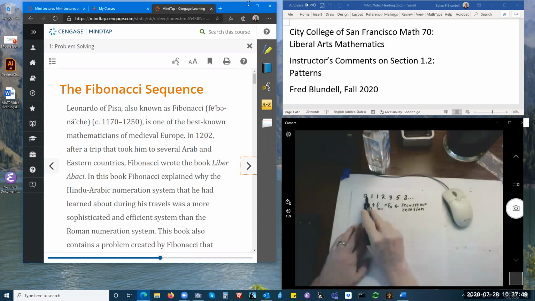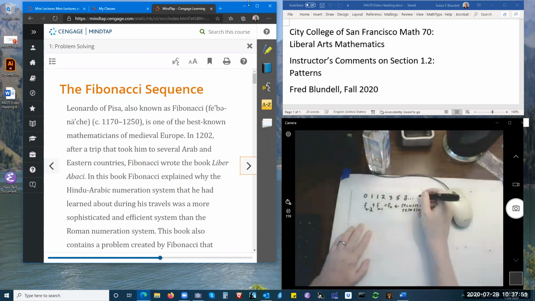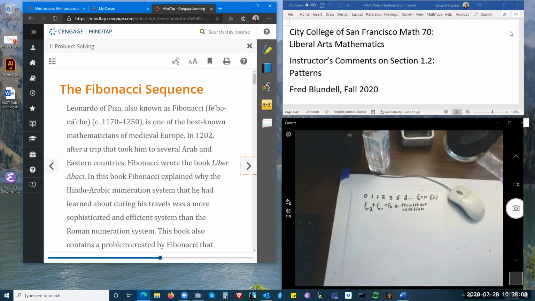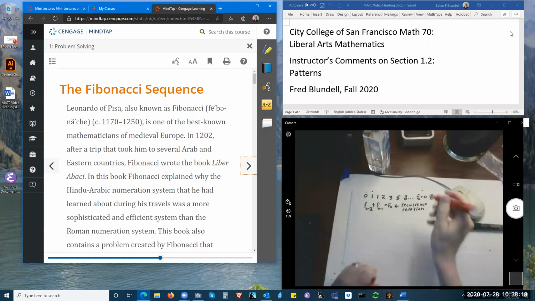And to make this particular sequence, you start with F0 equals 0 and F1 equals 1. It gives you the starting points here and here. Now, what I'm going to talk about is just the recurrence relation for the moment.